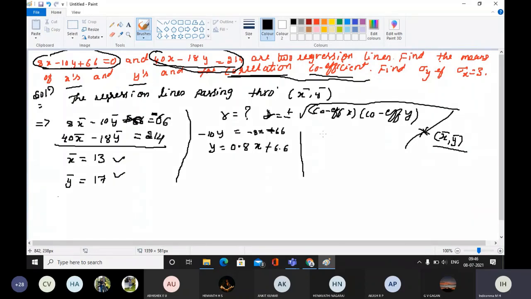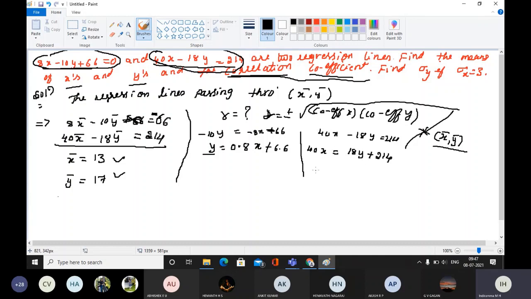Next come to the second equation, given as 40x minus 18y is equal to 214. In the first equation we kept y on the LHS; in the second equation you keep x on the LHS. So 40x is equal to 18y plus 214.